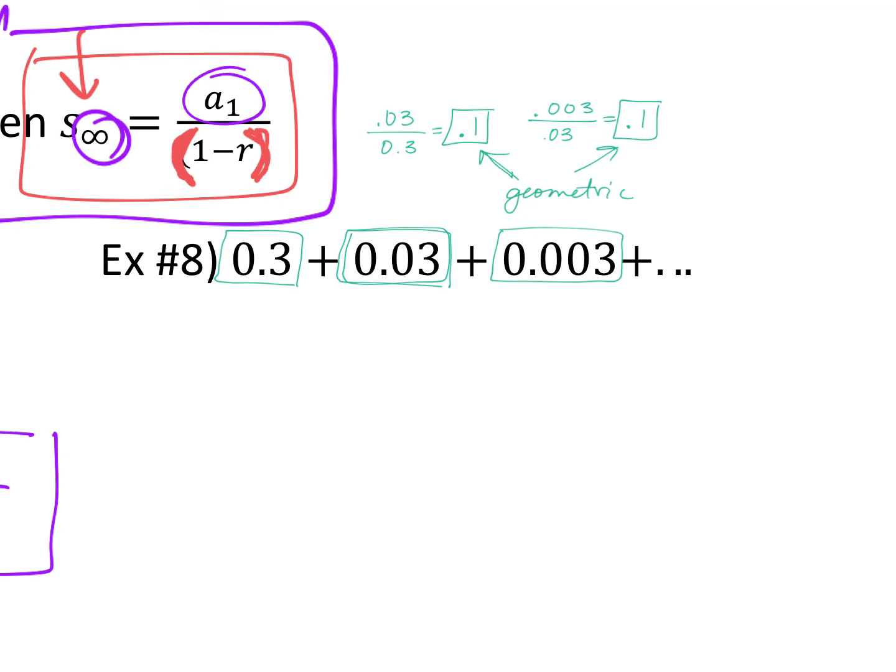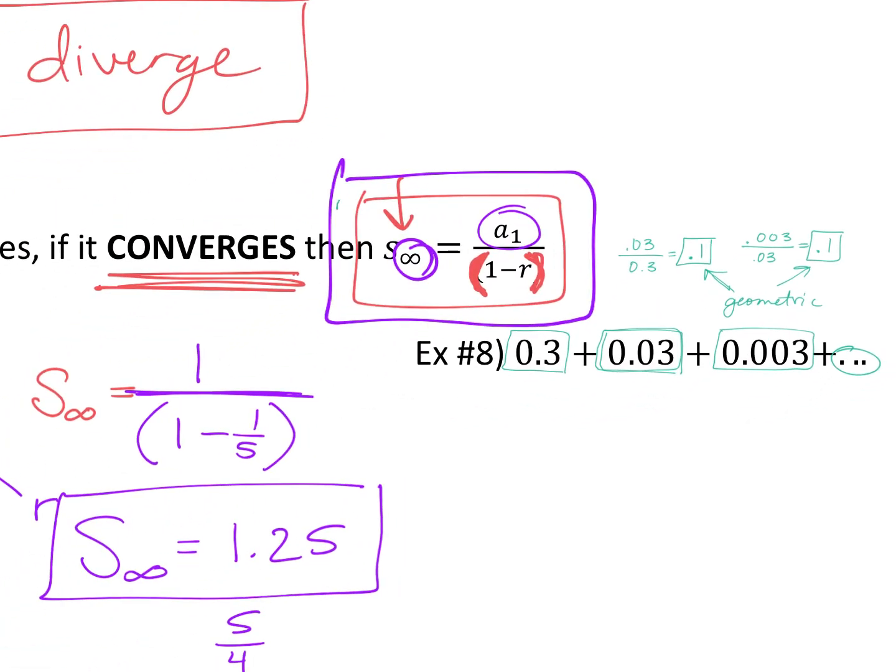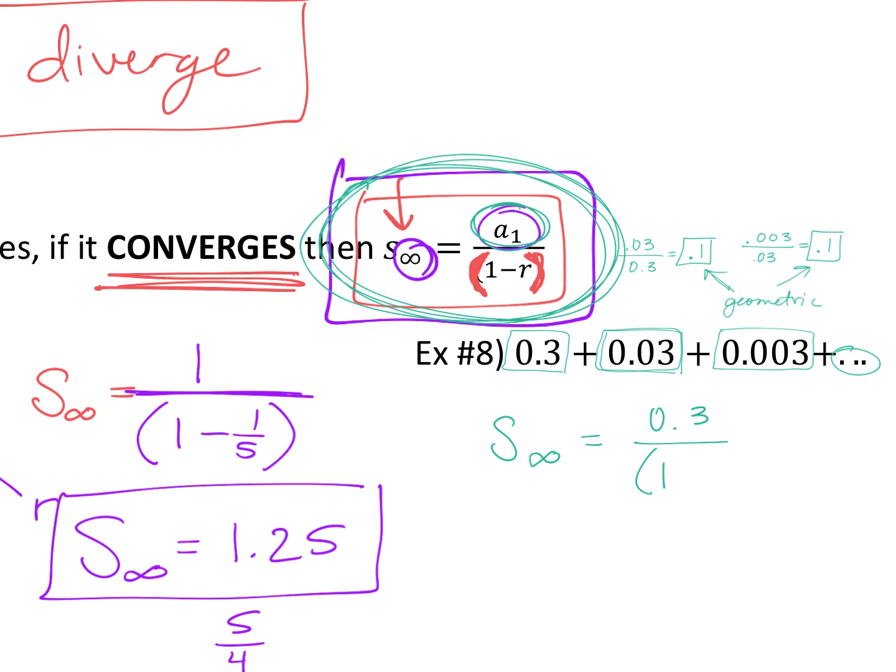Is it finite or infinite? It's infinite because it's got that dot, dot, dot. So an infinite geometric series is this guy. So it's the sum to infinity. What is a sub 1? 0.3 divided by, parentheses, 1 minus, what was our r? 0.1.